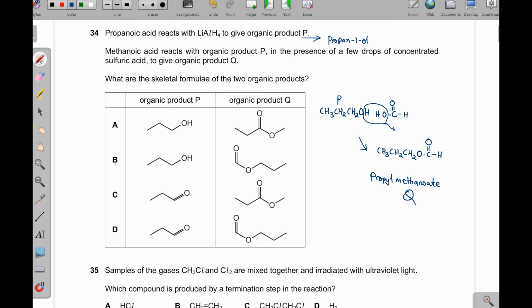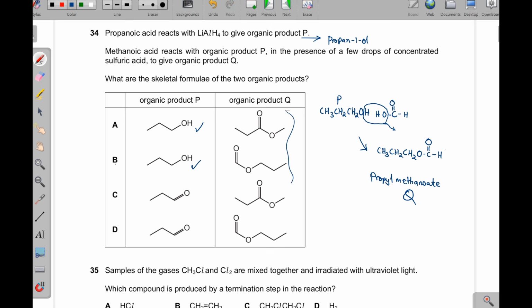So what do we have here? Organic product P must be propan-1-ol. So this is CH3CH2CH2OH. So we have A and B for propan-1-ol. This one is off, propanal.